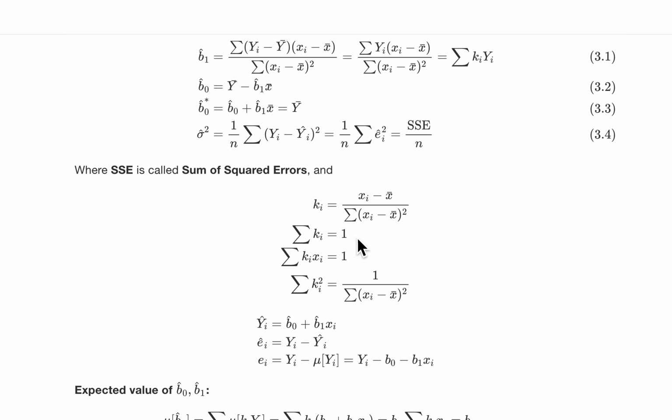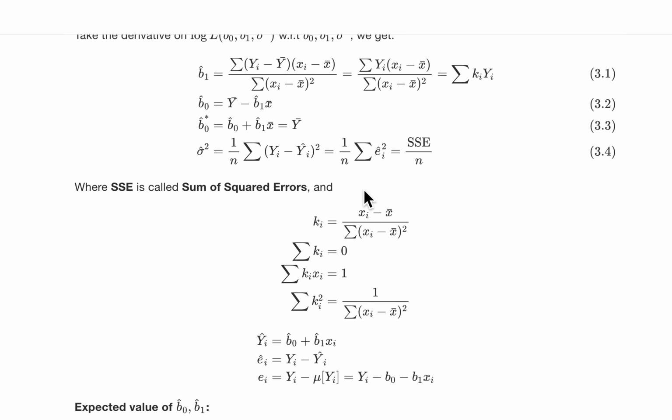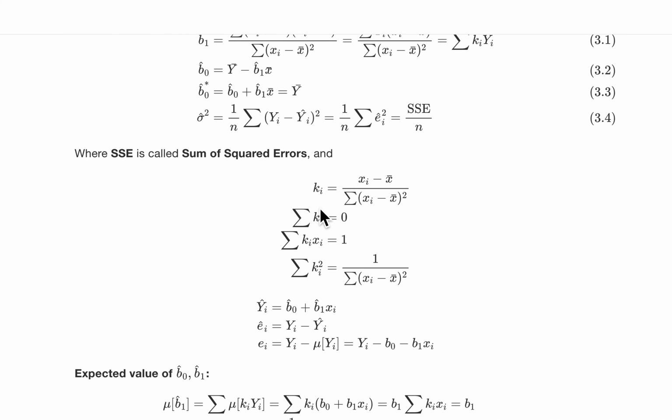And ki, as we just mentioned, is a function of xi, and there are some properties of this ki. The sum of ki is 0, the sum of ki times xi is 1, and the sum of ki squared is 1 over the sum of squares of xi.